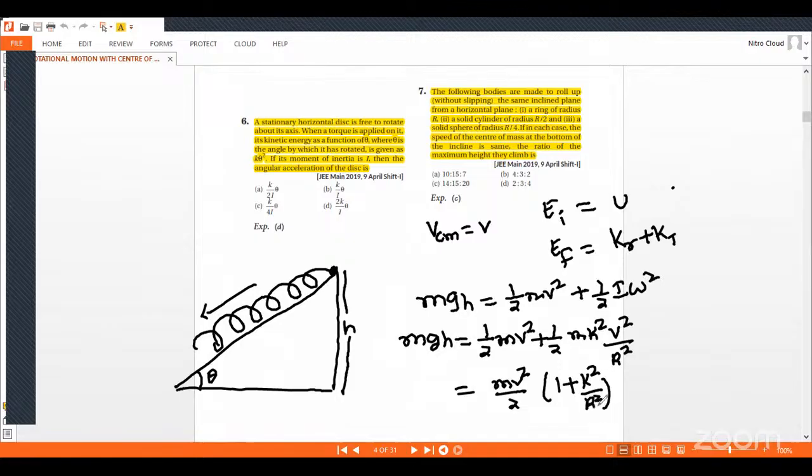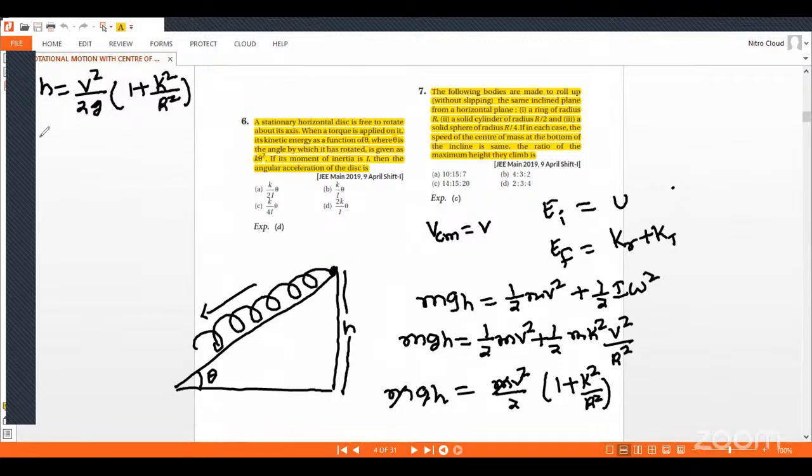So total energy, that is mgh, equals mv square by 2 times 1 plus k square by r square. Upon calculation, we get h equal to v square by 2g times 1 plus k square by r square.